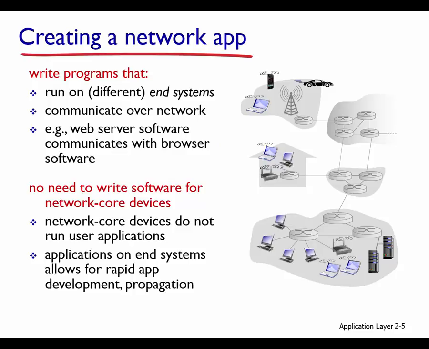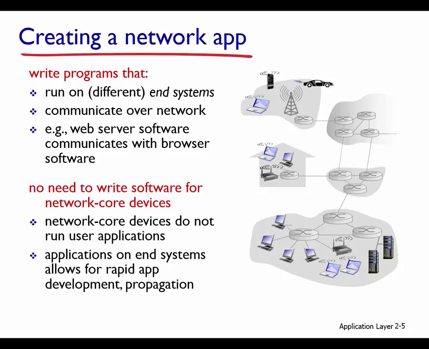So let's talk a little bit about what happens when you create a network app. Let's say you're a developer, developing an application that's going to run on a desktop, over the network. Basically, the application layer is really kind of like an API. Anytime you write a program where you're going to use some sort of standard methodology to pass data somewhere else, whether it's inter-process communication or shared memory or a networking application, there's some sort of standard that you're going to use.